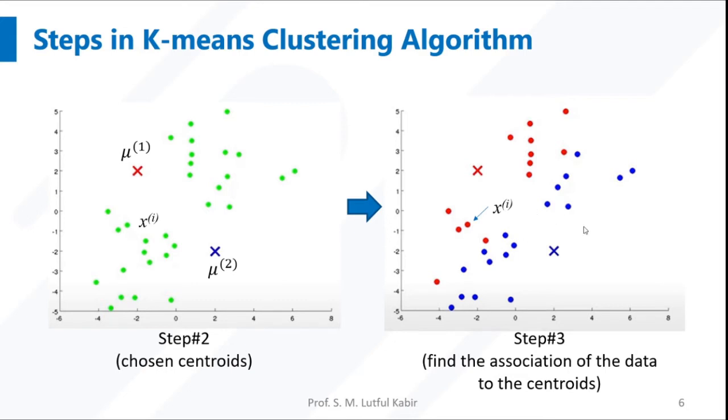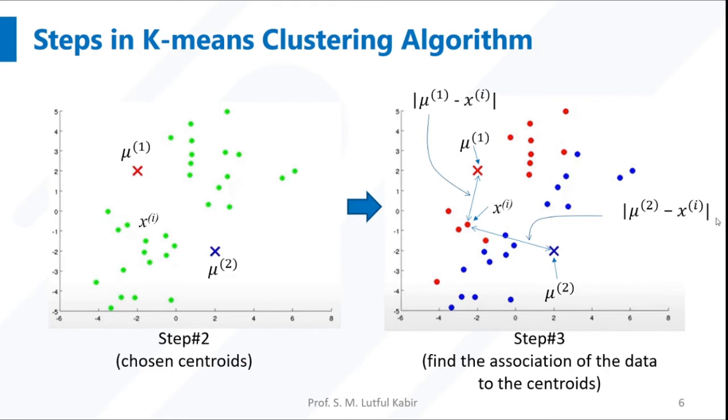So the next step is to mark mu1 and mu2, and we have to determine the distance mu1 minus xi. xi is the arbitrary point and mu1 is one of the centroids. You have to remember the absolute value of this distance. Then you have to remember the other distance of that point from the other centroid, which we call mu2 minus xi.